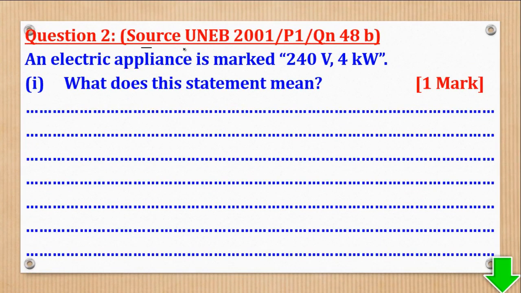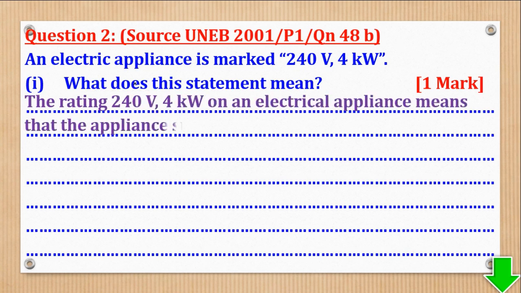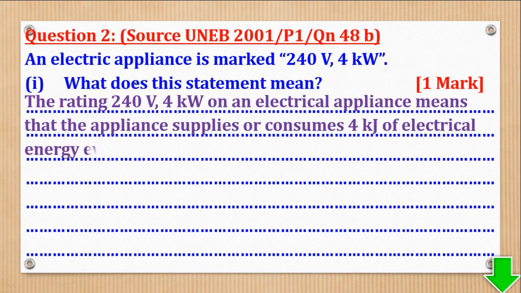Then question 2 came from UNEB 2001 paper 1 question 48b, and it says an electric appliance is marked this. What does this statement mean? So we shall do the same.